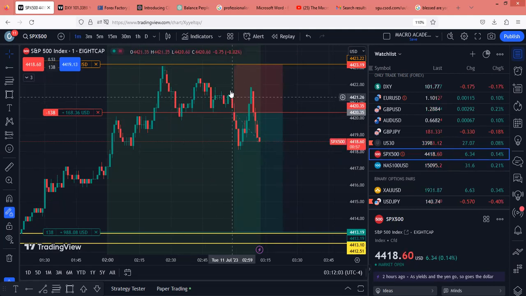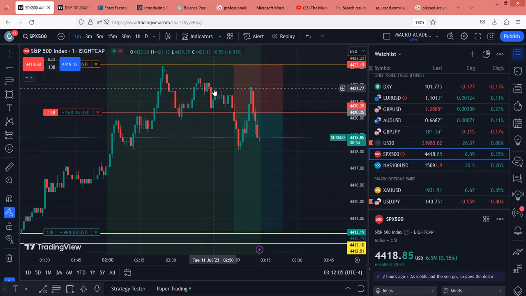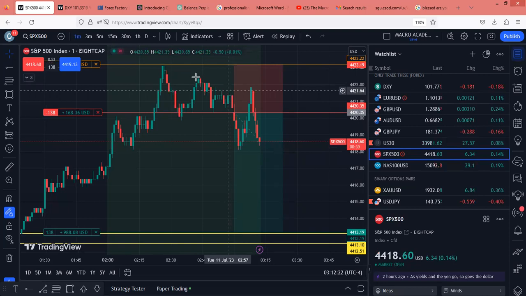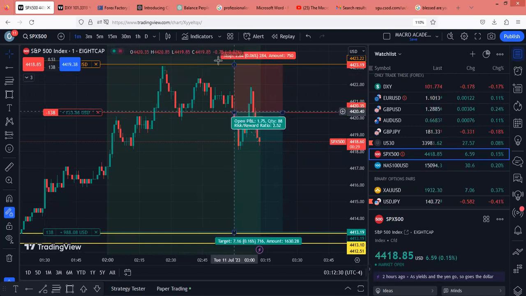Again, why did I move my stop? I think my stop was here before. Why did I move it? I moved it for two reasons. Usually if you're trading just this fair value gap, price likes to take this point, but then spare the 5 minute high that created this displacement on the 1 minute.